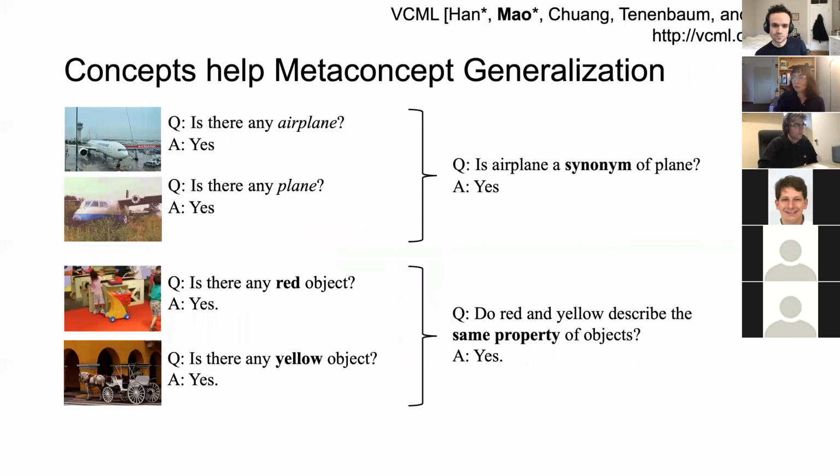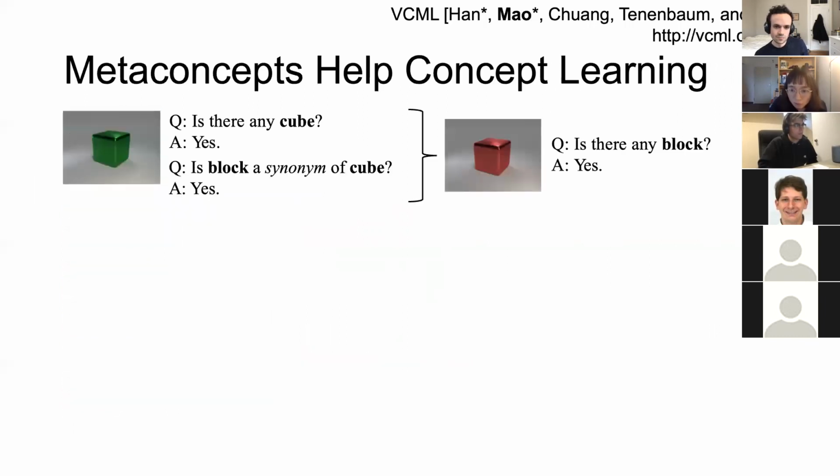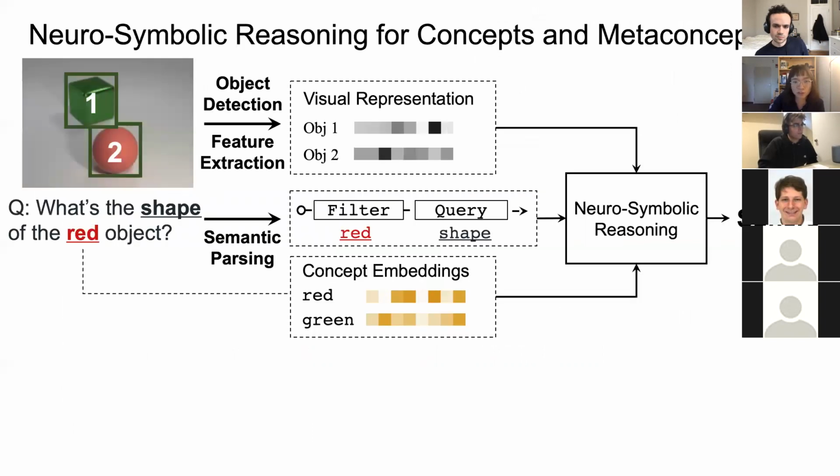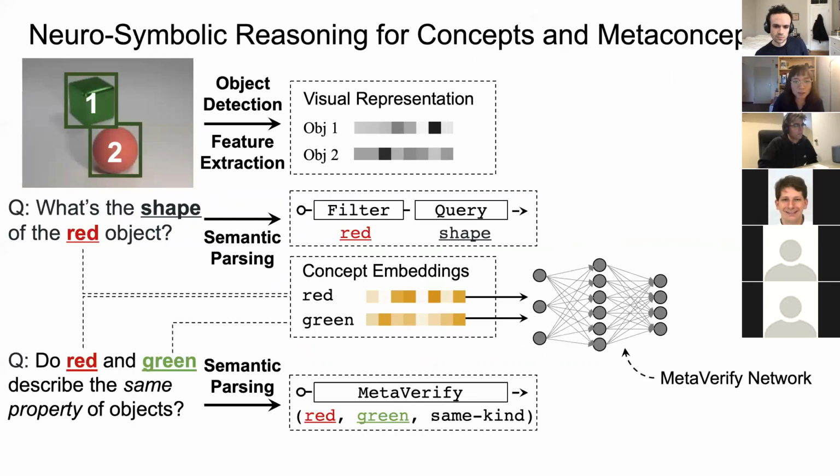Here we have a neural network based model to classify the relationship between different concepts, like whether red and green refer to the same kind of property of an object.